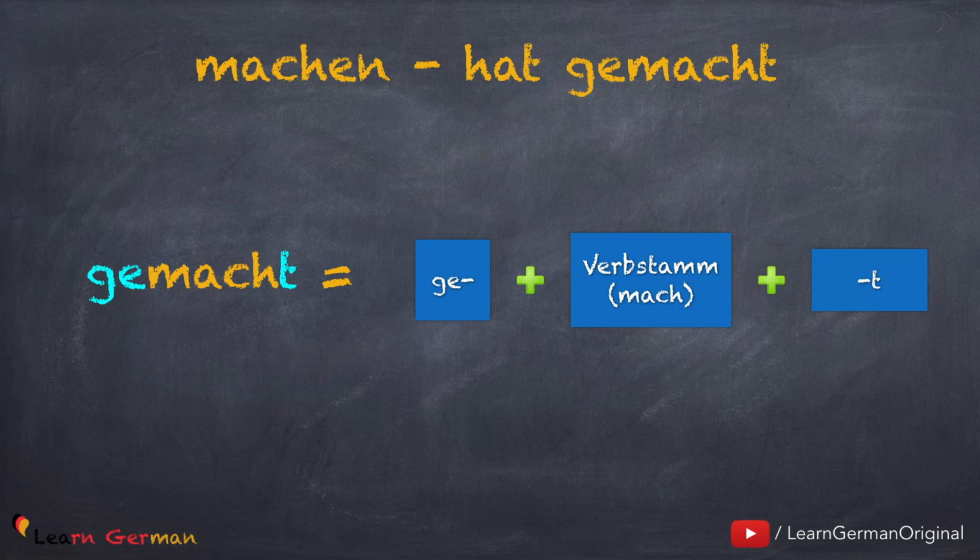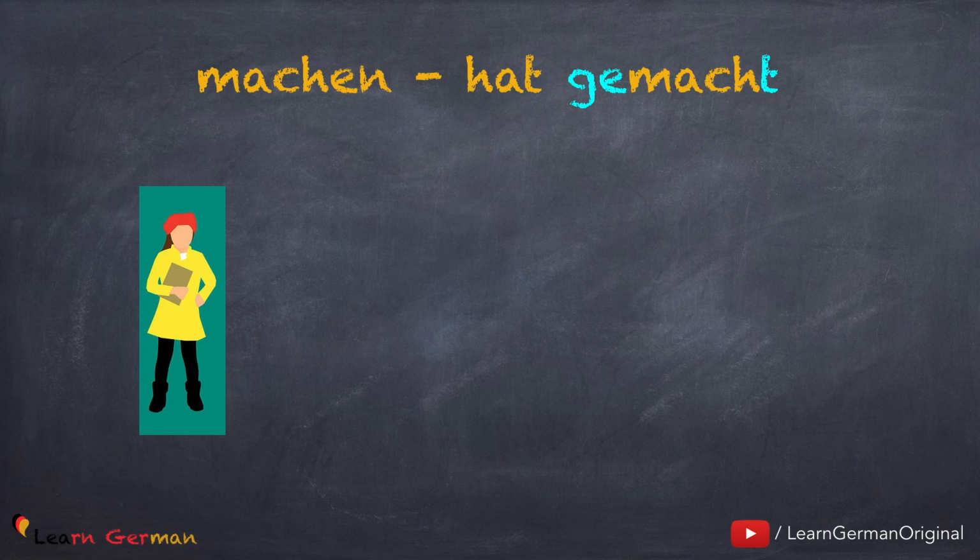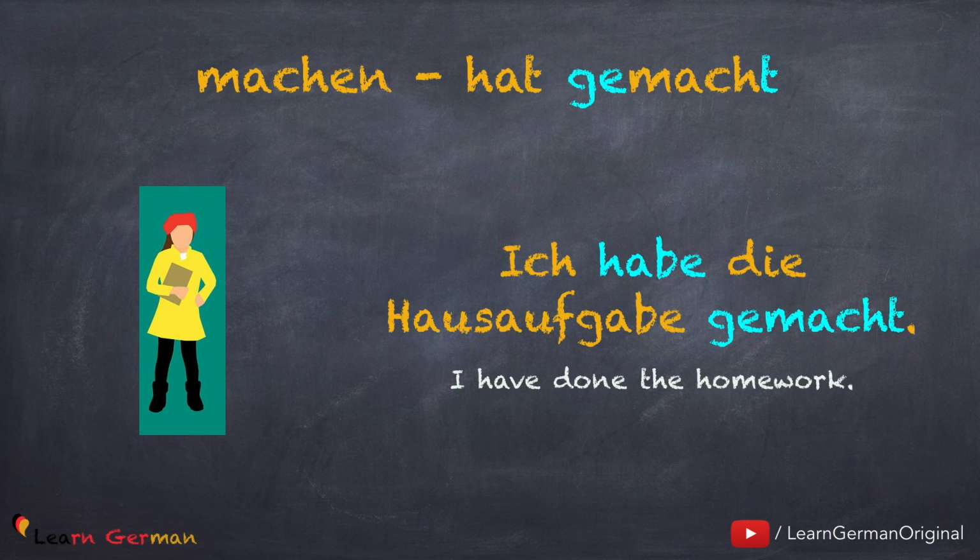Hence, gemacht. Do not forget that whenever you're learning the Partizip II of a verb, you have to learn the Hilfsverb along with it. It's either hat or ist. Here's an example. Machen, hat gemacht. Ich habe die Hausaufgabe gemacht.